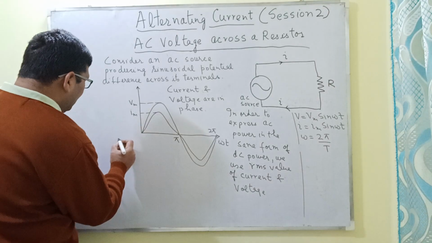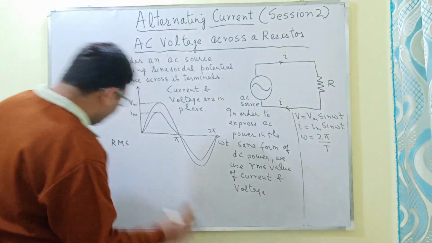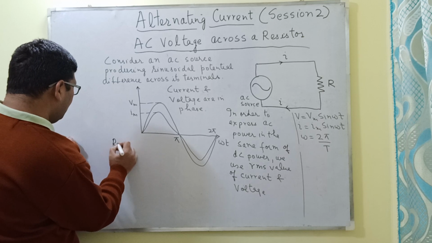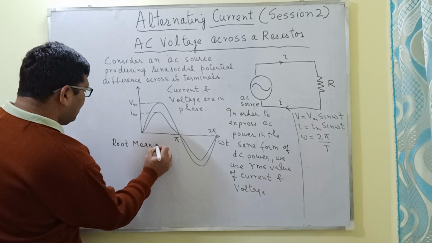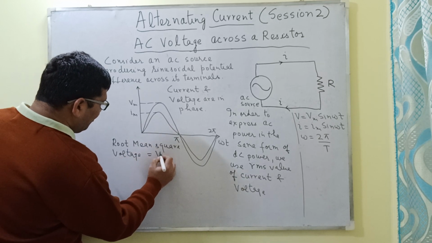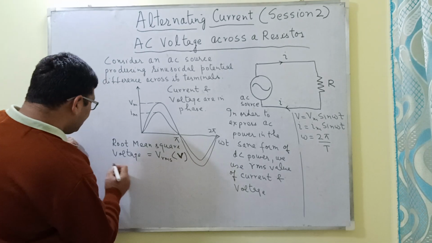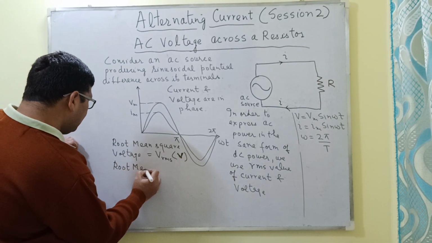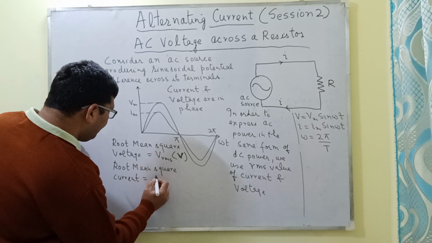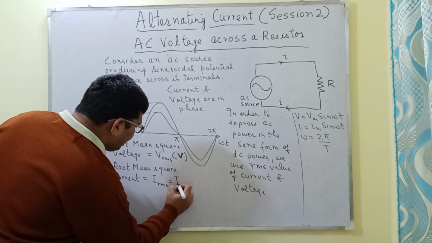The root mean square voltage is denoted by V RMS, or simply by V. Similarly, the root mean square current is denoted by I RMS, or simply by I.